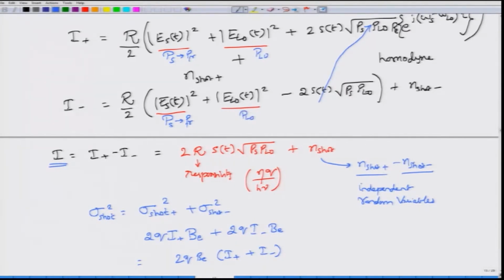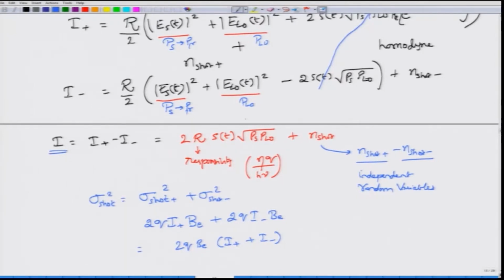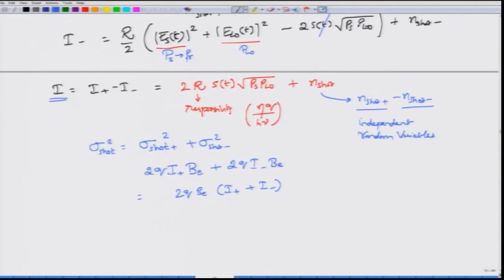So when you now add these two, there is R by 2 times P1R plus R by 2 times P1R. So this is going to be, you can write this as 2QBE, I plus is R P1R plus for the local oscillator that would be R PLO.